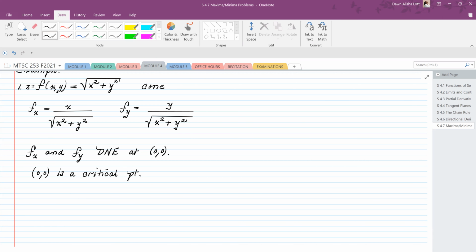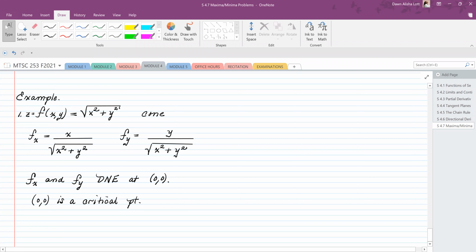Oh, I didn't give you a region R. I forgot. And R is the set of all x, y such that x squared plus y squared is less than or equal to 1.